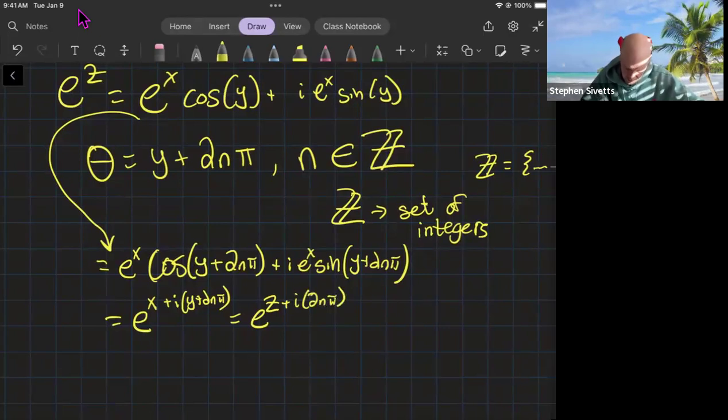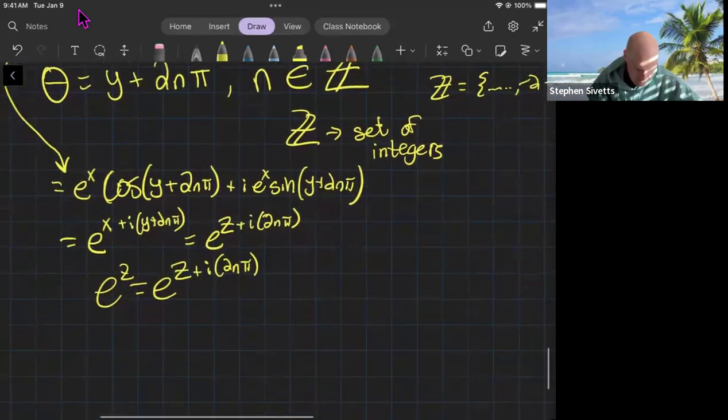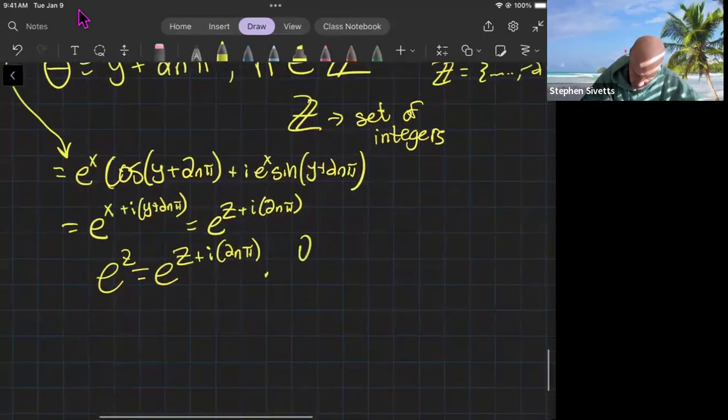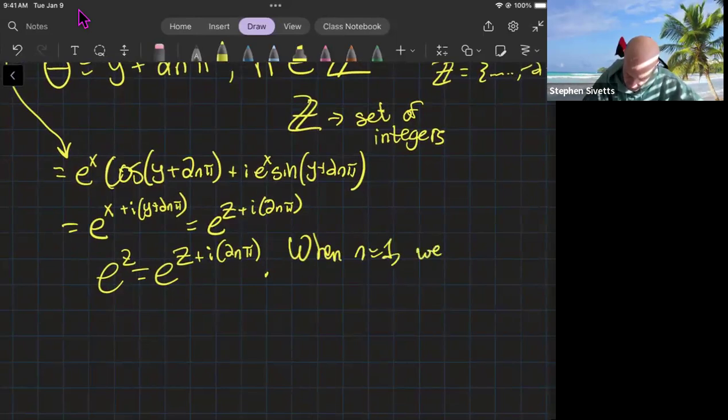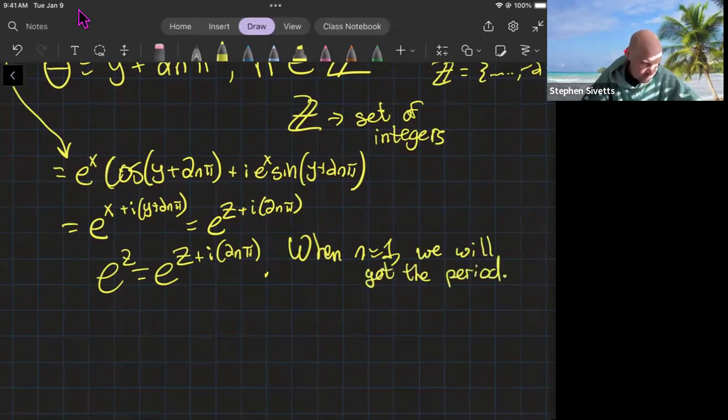Okay. So these values would be the same. These would be equal. Okay. And also when n equals 1, we'll get just one period of that function, right?